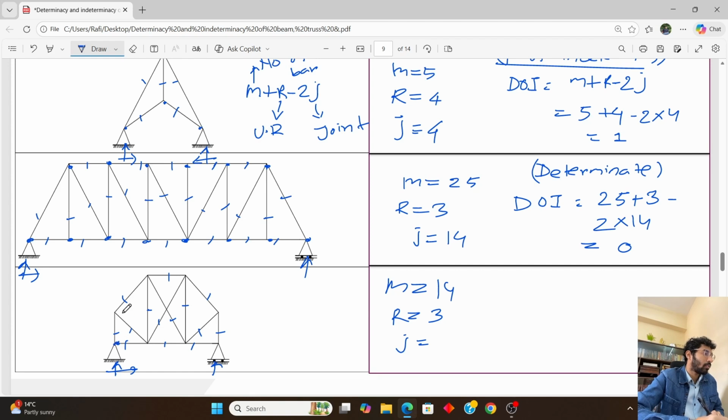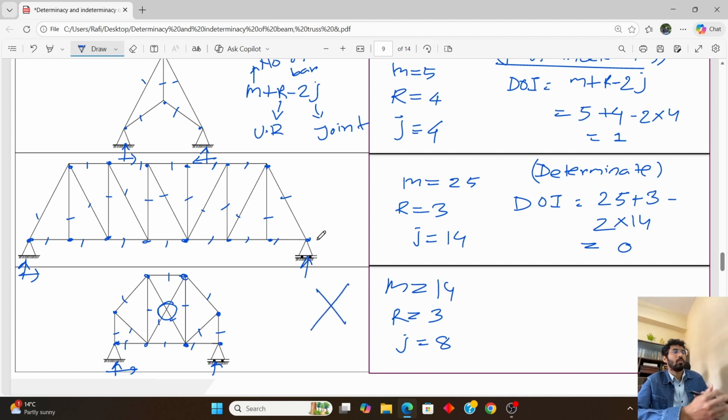Let's calculate this: 1, 2, 3, 4, 5, 6, 7, 8. It will be 8. This will not be considered as a joint here, as the bars are one over another.